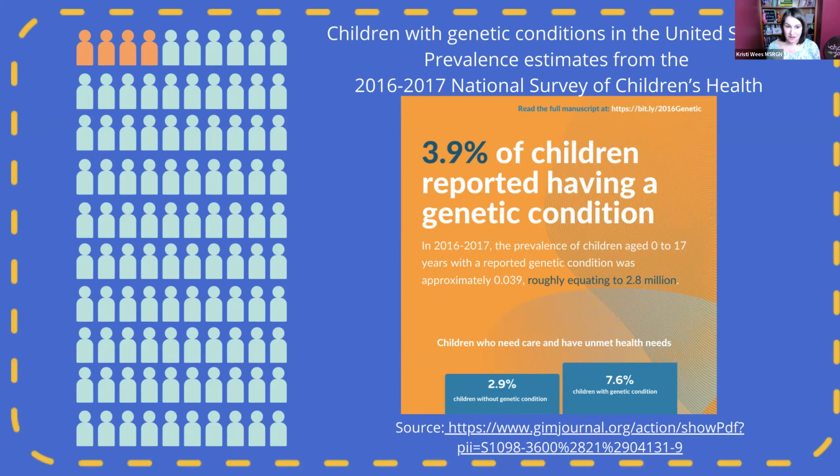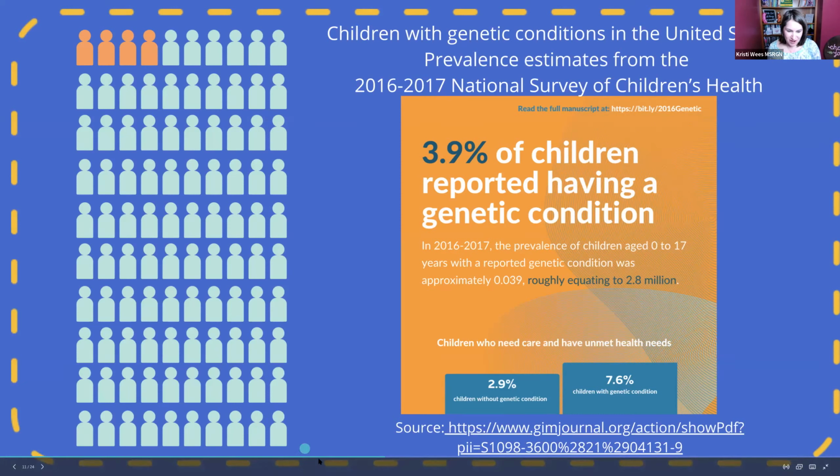So if you think of 100 children that you might know either through your workplace, your school, your friends, your family, this report came to the conclusion that 3.9%, or about 4 children out of 100, have reported having a genetic condition using that 2016-2017 data.